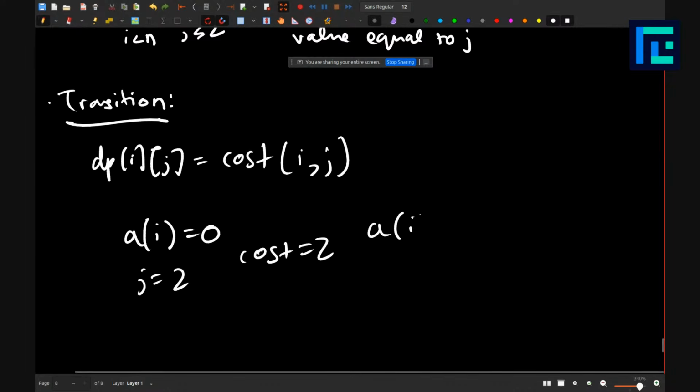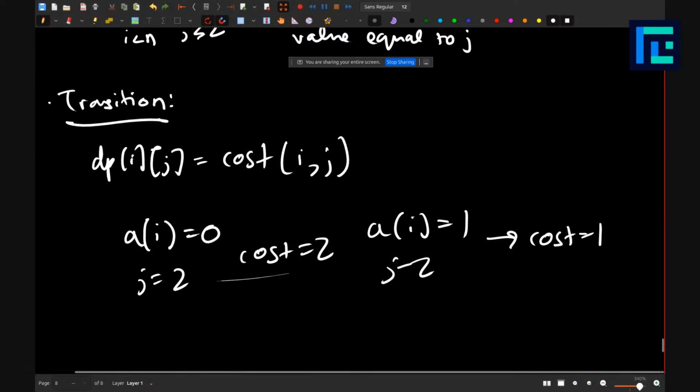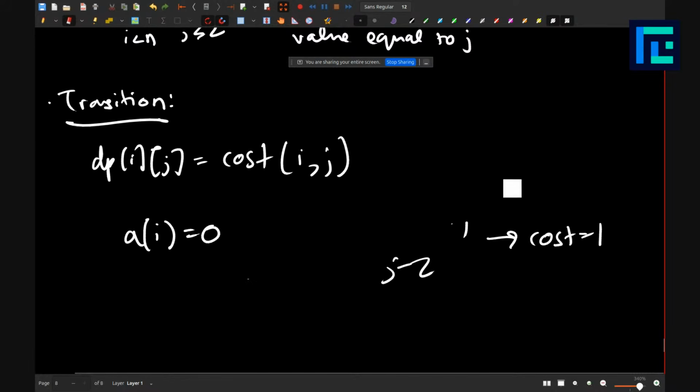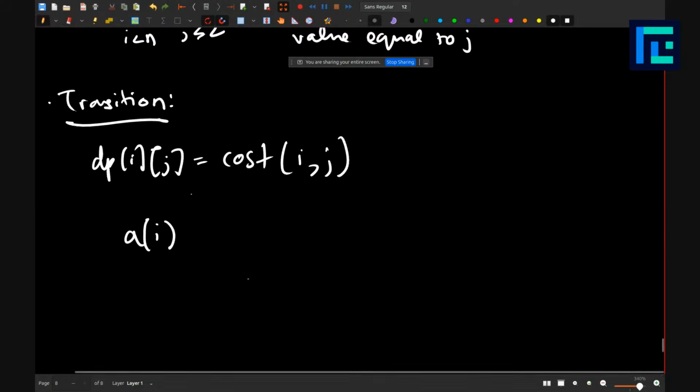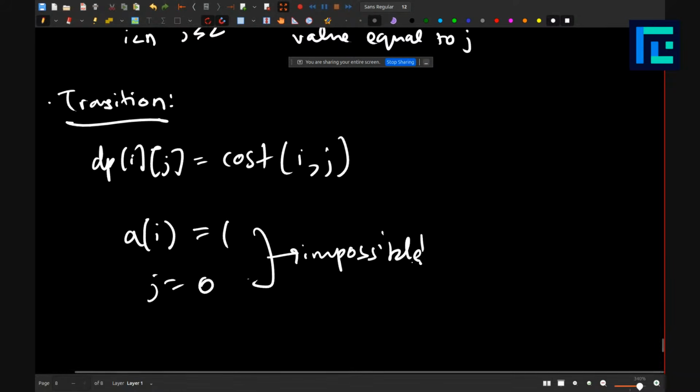Similarly, if position i was initially 1 and now j is equal to 2, the cost will be 1. And what if position i was equal to 1 and j is equal to 0? In this case it is impossible, because we can only add a number, we can't decrease a number. So in this case we say the cost is infinity.